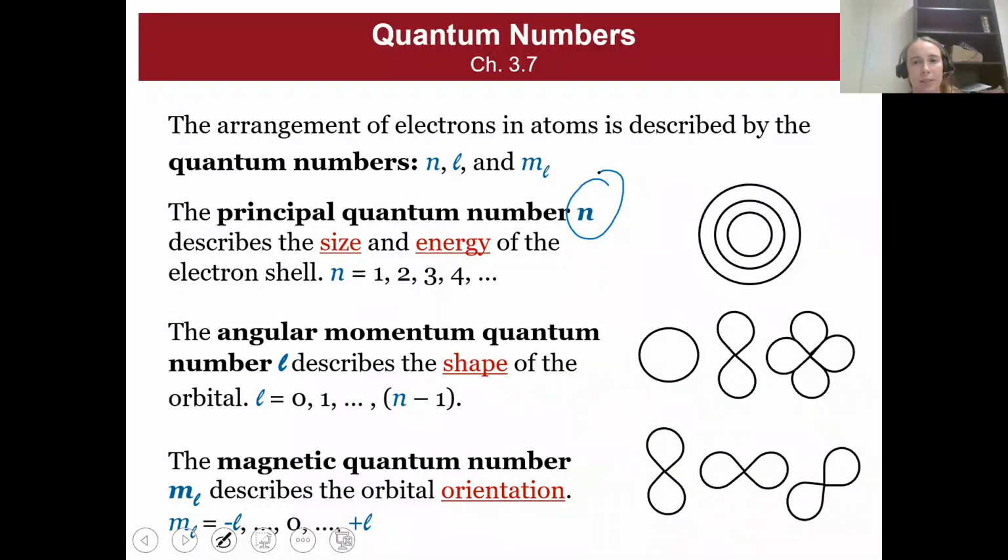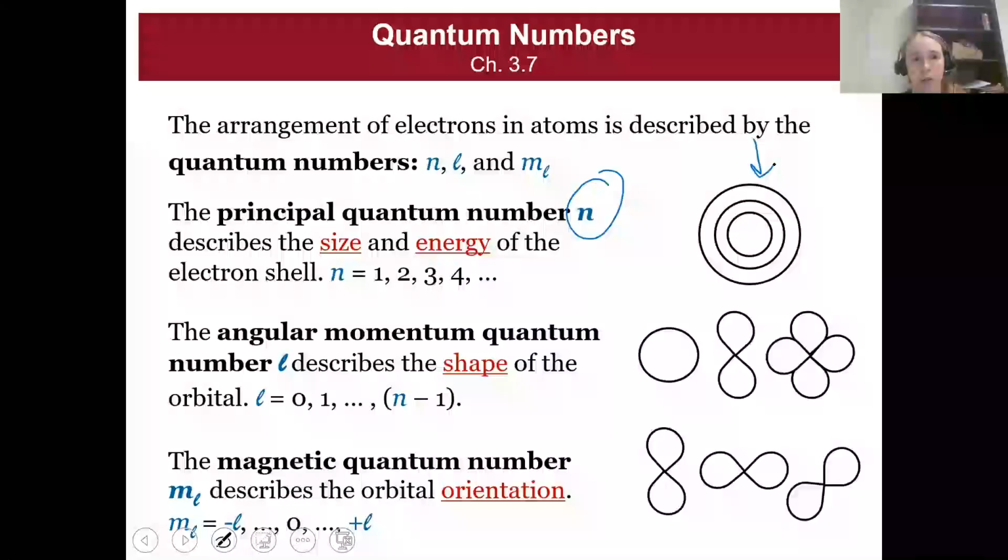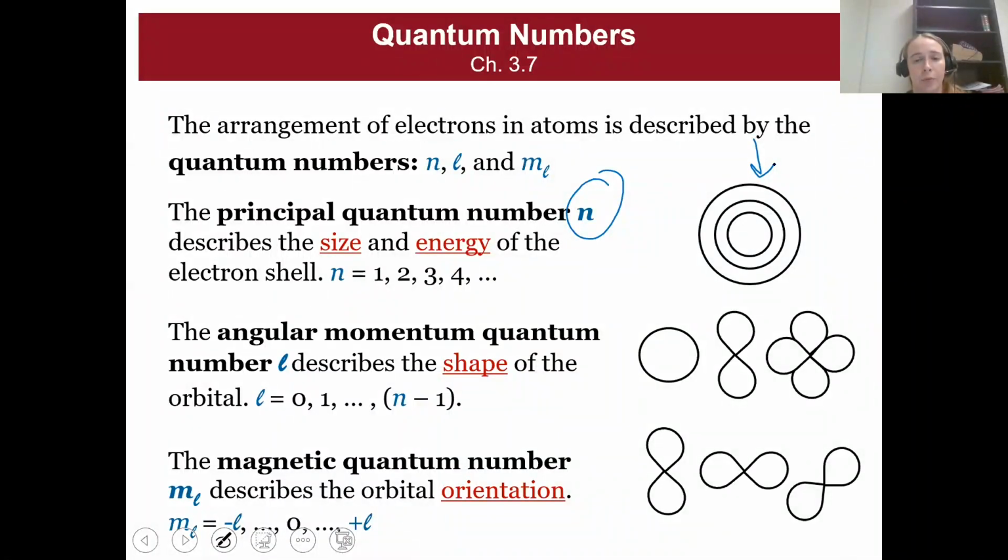n describes the size and energy of the electron shell. So that means the size and energy of the orbital. This is that representation of an electron density map for an atom. We talked about n when we talked about the Bohr model, and how when n is higher, the electron has more energy and it's further away from the nucleus.